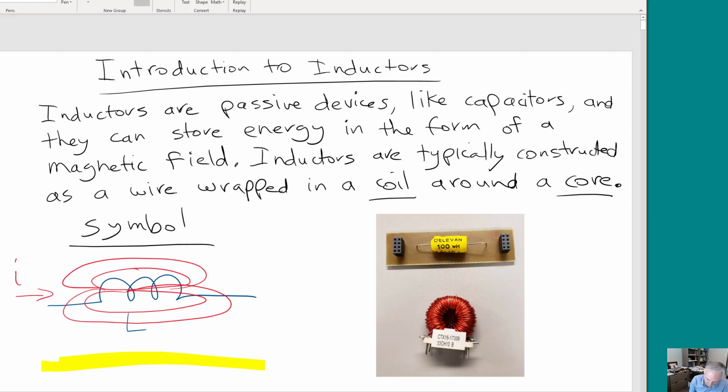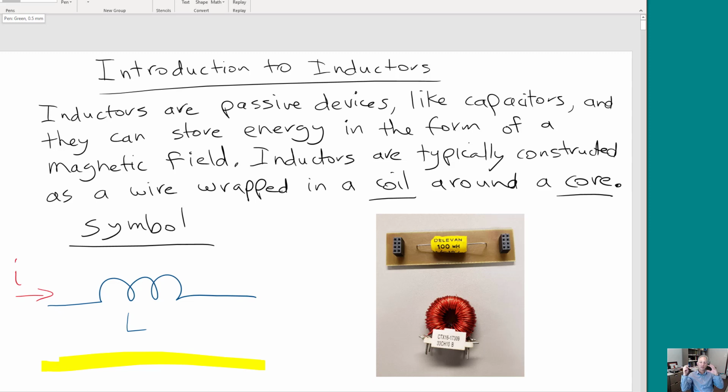Now, in the center of that coil, there can be just plain old air, okay, and that would be called an air core inductor, or it can have some sort of ferromagnetic material like some ferrite core. So that could look something like this.